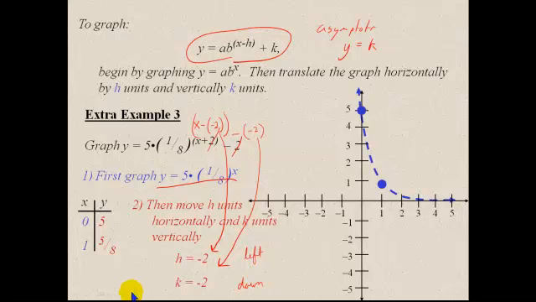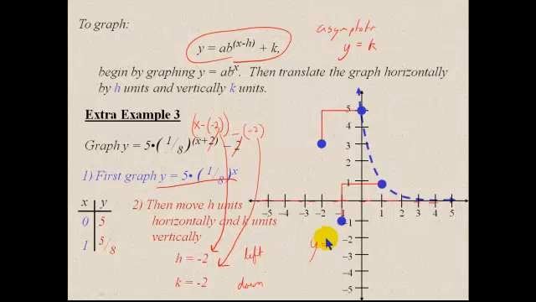So let's look at that. Down 2 units, left 2 units, down 2 units. And before I even draw this, let's shift the asymptote as well. So it goes from 0, and now our asymptote is going to be at y is equal to my k value.